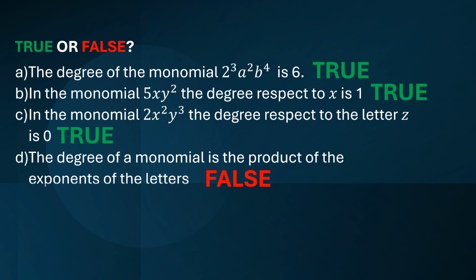So we don't need to do the multiplication, but we need to sum those. For example, in the first exercise we did 2 plus 4, which is 6. Okay, doing 2 times 4 would be equal to 8, which is wrong. Okay, the degree of a monomial is the sum of the exponents of the letters.